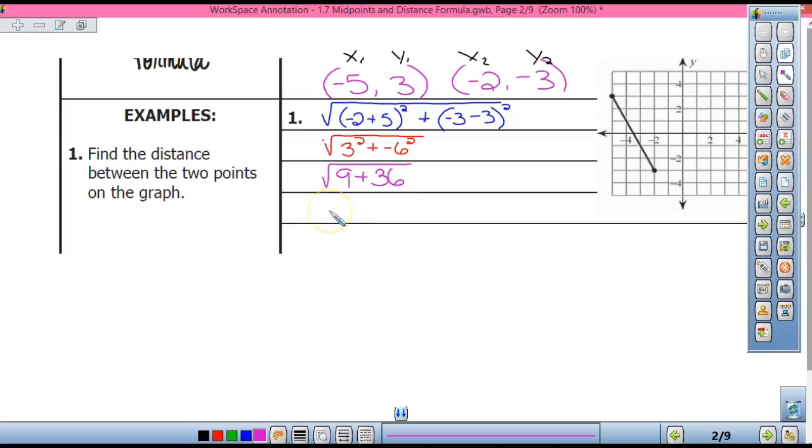All right, so we've got the square root of 45, and you've got to punch that into your calculator. I believe it's 6.71? Because you get 6.708, right?